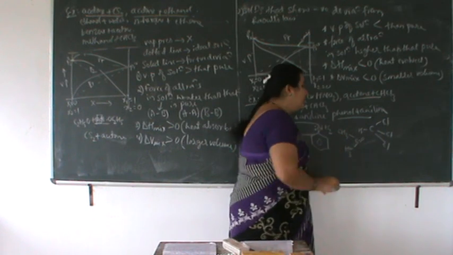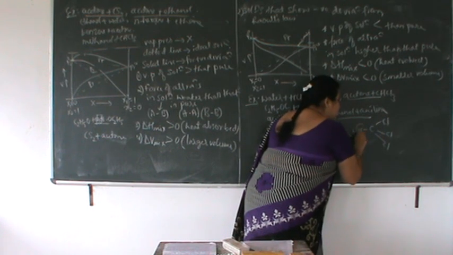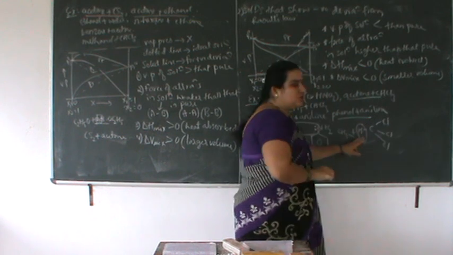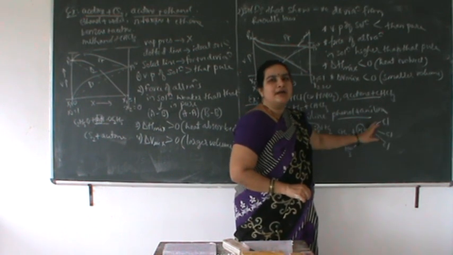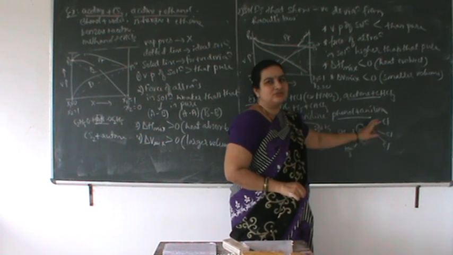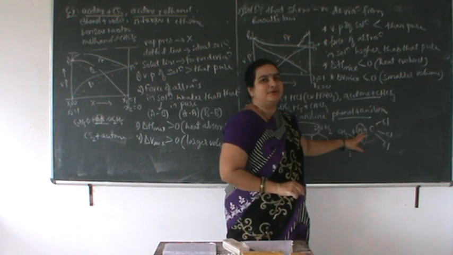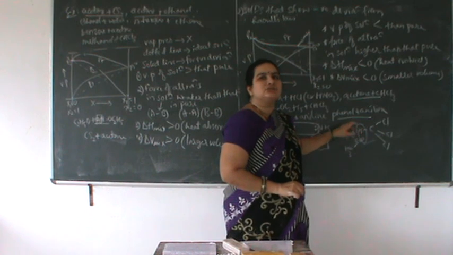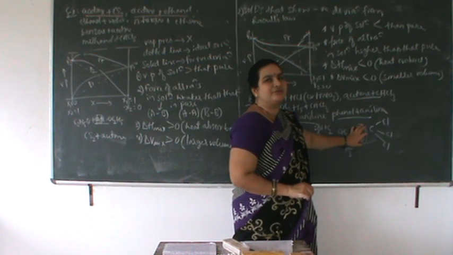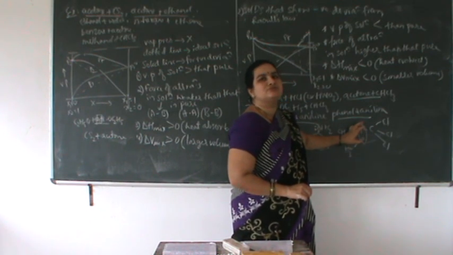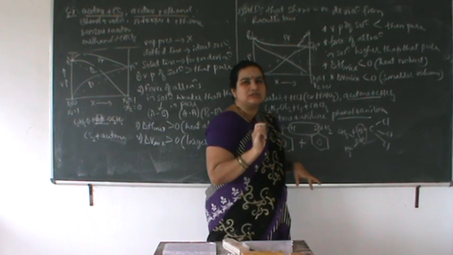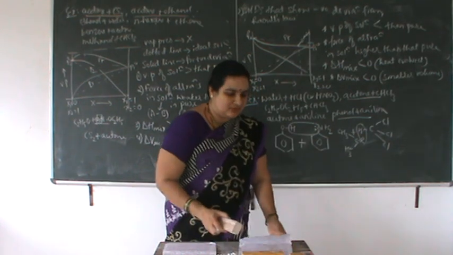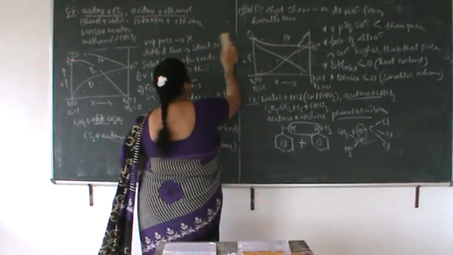Now when we mix the solutions, the oxygen of acetone forms a hydrogen bond with the hydrogen of chloroform, so strengthening of the hydrogen bond takes place. Because of this strengthening, the vapor pressure of the solution decreases and hence the solution shows negative deviation from Raoult's law.